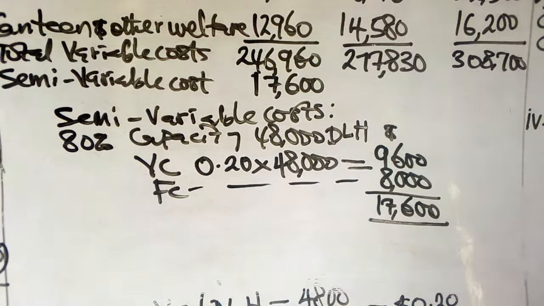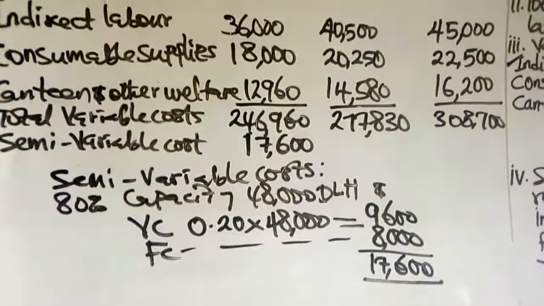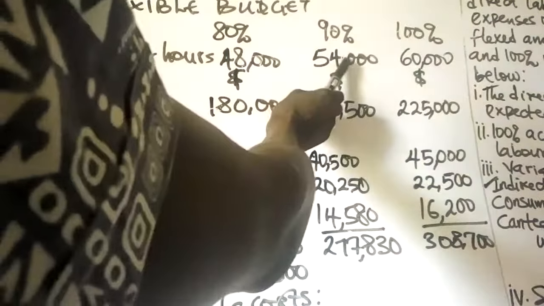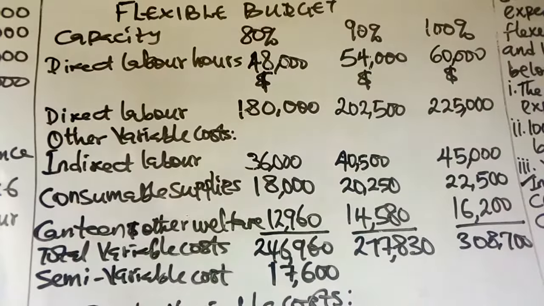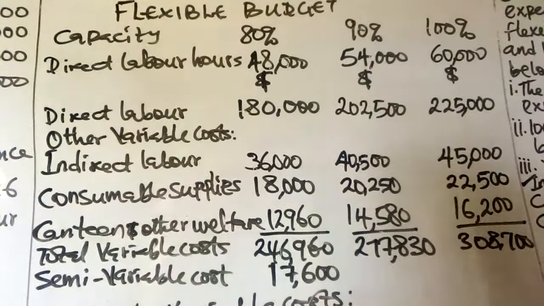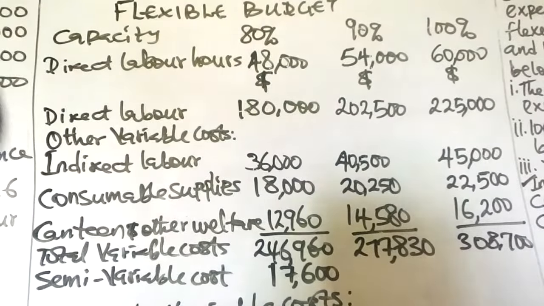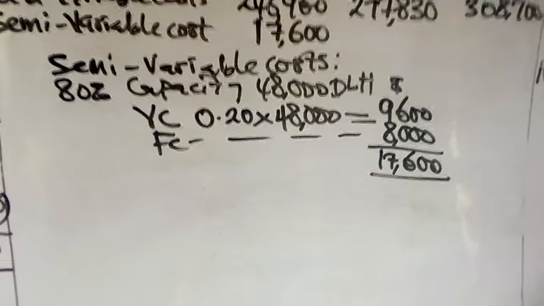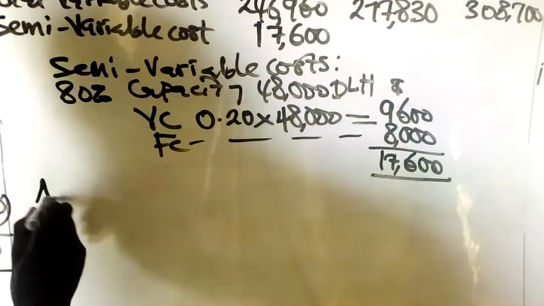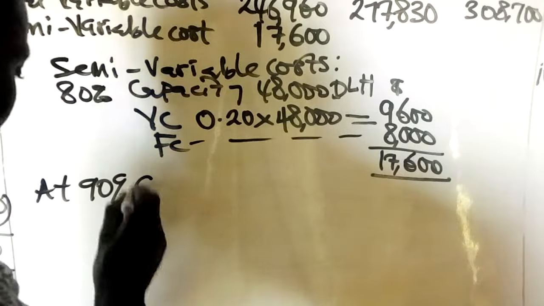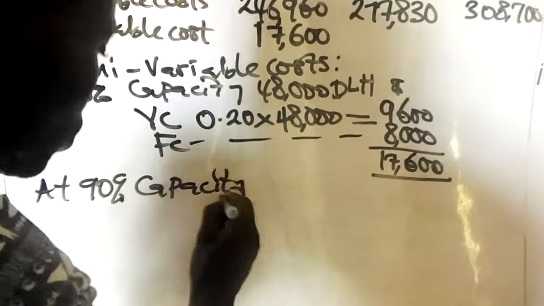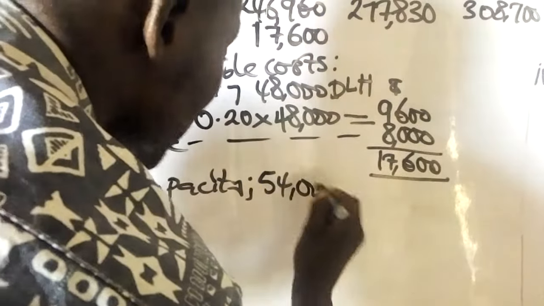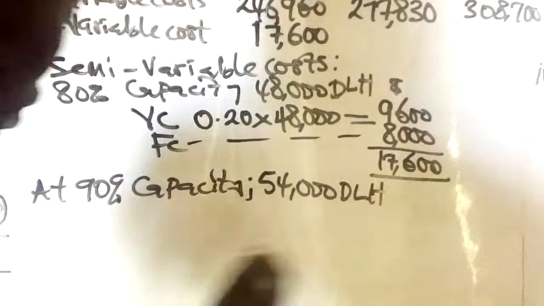Then at 90% capacity, which represents 54,000 direct labor hours, how much is the semi-variable cost? How much will be variable?